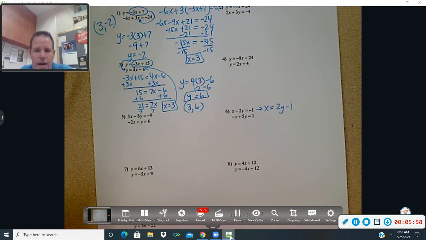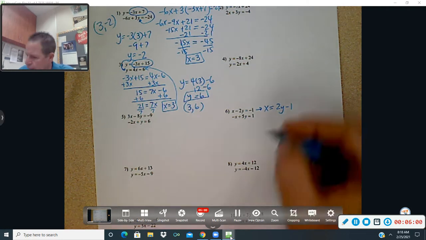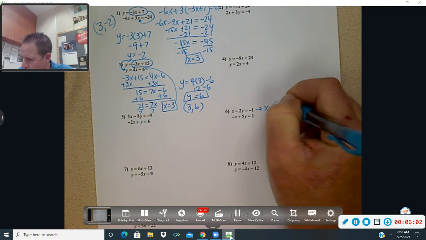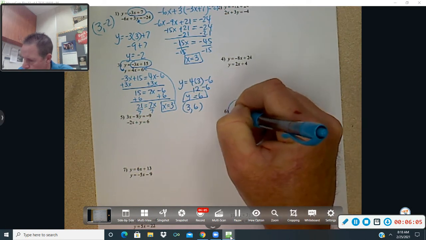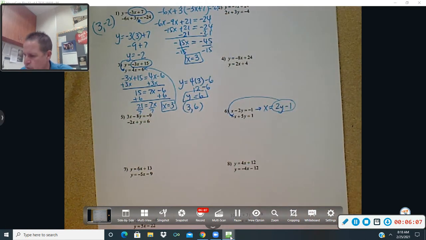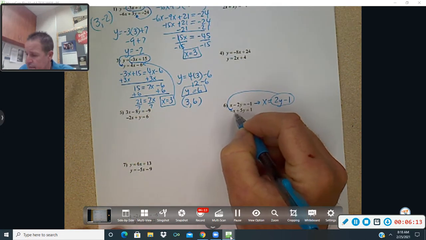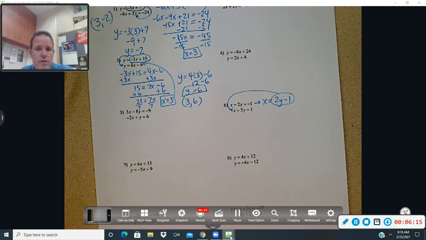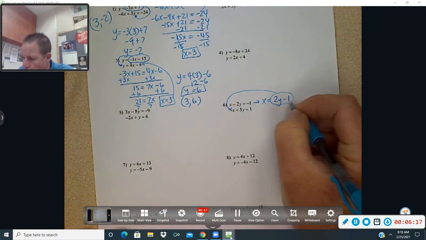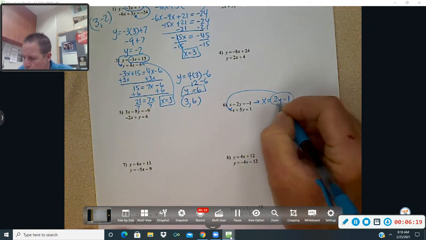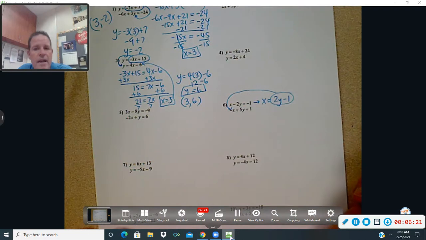Okay, so now that I know what x is, I can substitute in for x. Now, be careful when you do this, because this is negative. On this question, negative times whatever x is. Well, x is all of this, so all of this has to be multiplied by that negative.